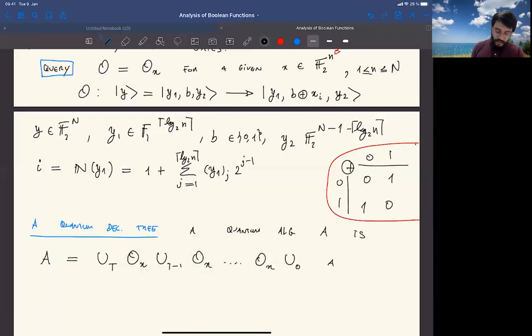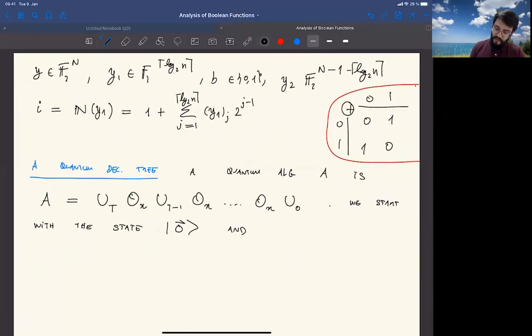And a computation is, and so we start with the most simple state, which is this string with zeros.